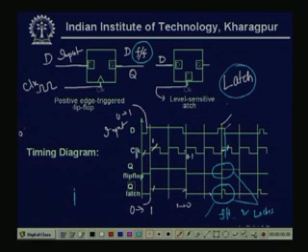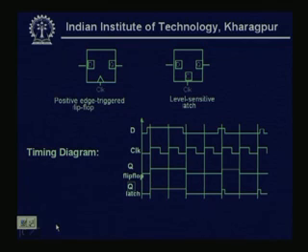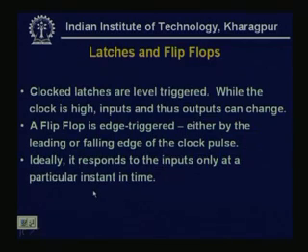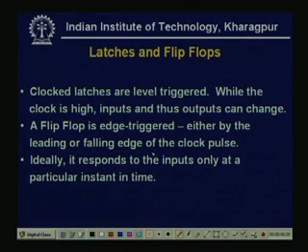Now, latches are level triggered, just what we have seen. While the clock is high, inputs and thus outputs can change. A flip flop is edge triggered either by the leading or falling edge, meaning the positive or negative edge of the clock pulse.